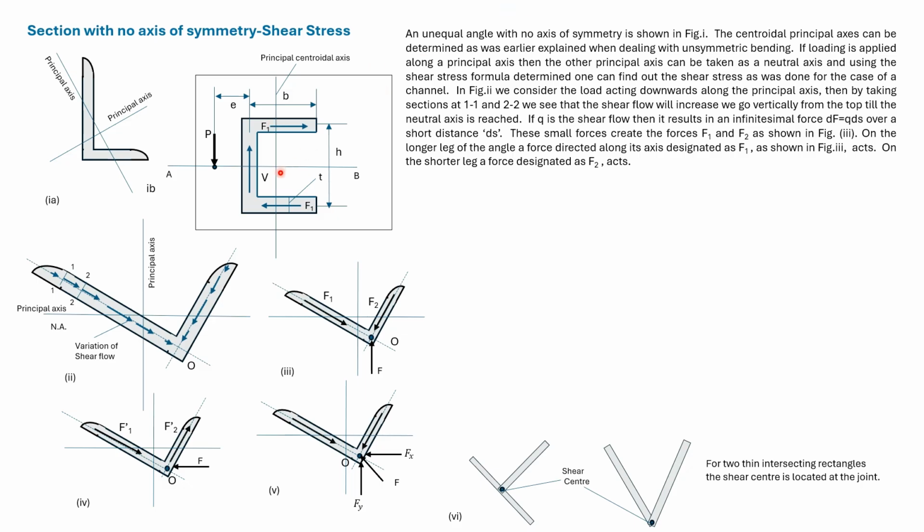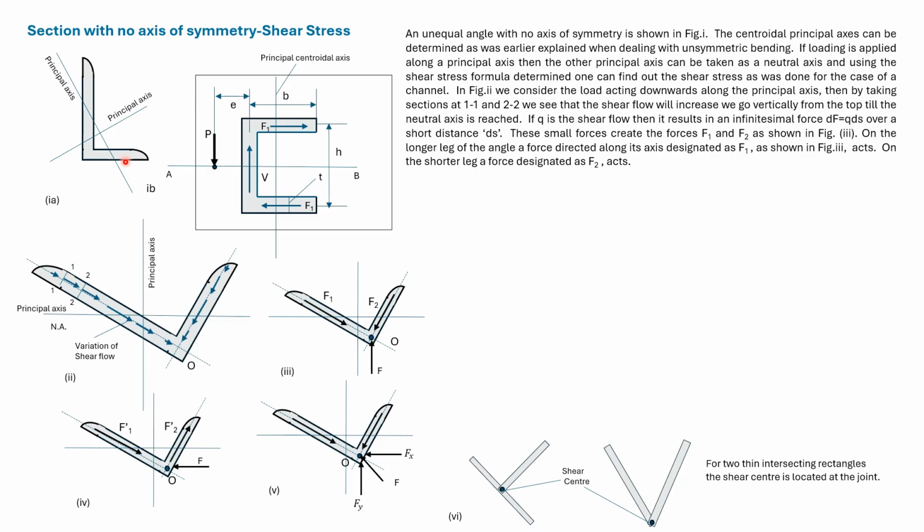If we consider the centroid, then these forces create a moment about the centroid. So, if the load is applied along this principal centroidal axis, there's not only shear force but also a torque acting on the section. We next found out the position where if the load is applied, there will be no torque in the section. The moment of these forces above the shear center is zero.